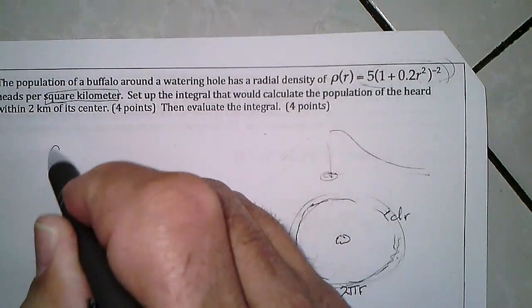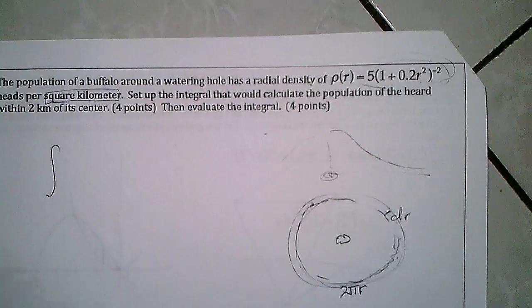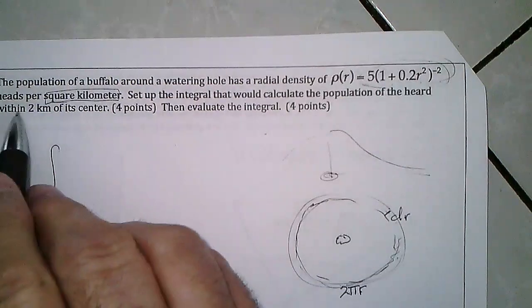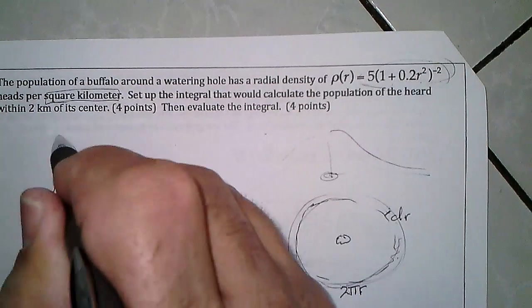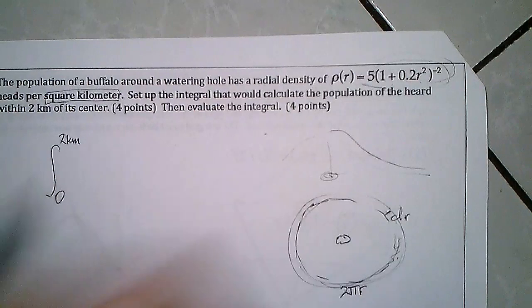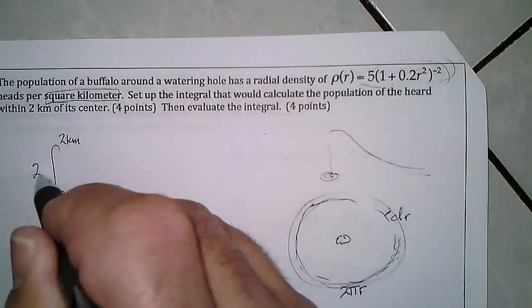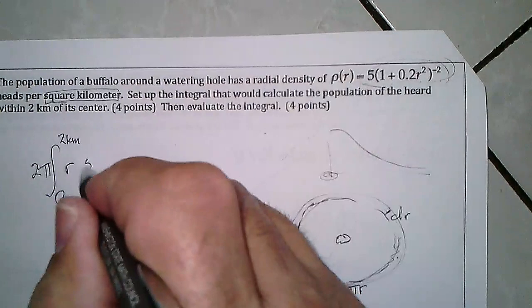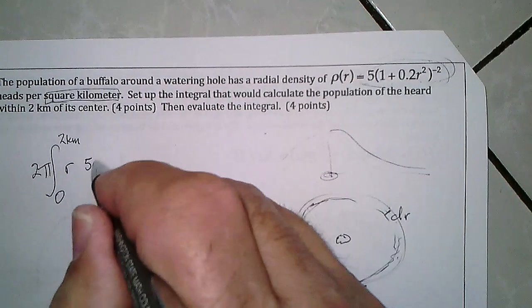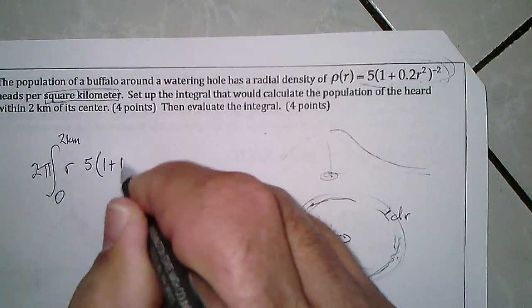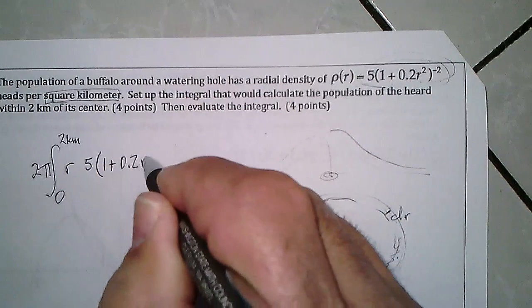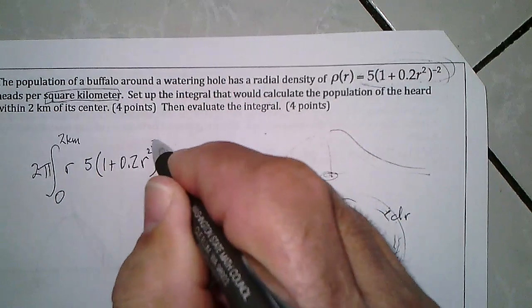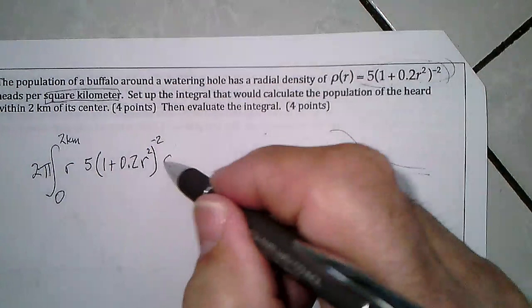So we're going to take the integral from 0 to 2 kilometers out of 2 pi r times the density dr.